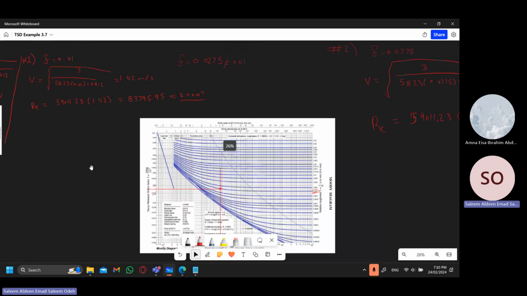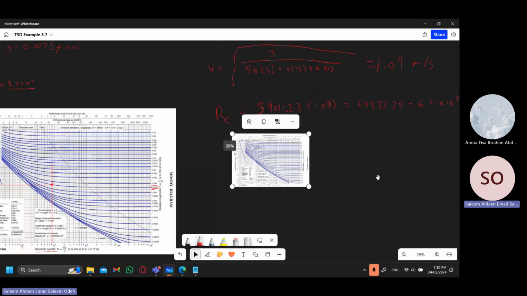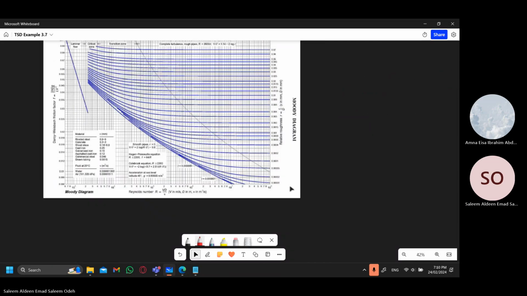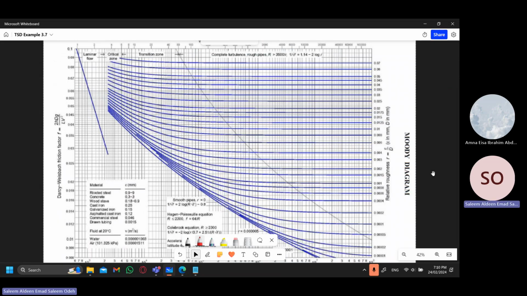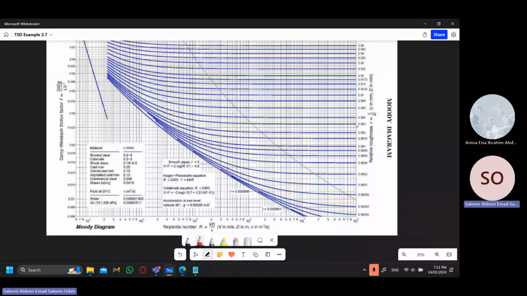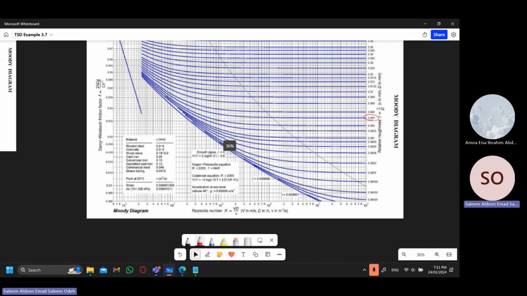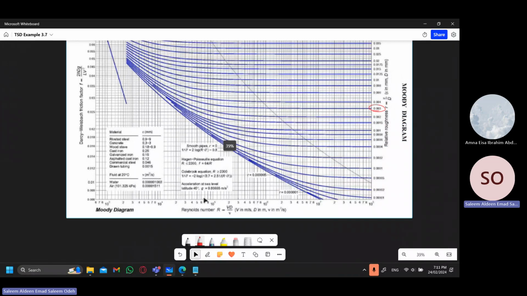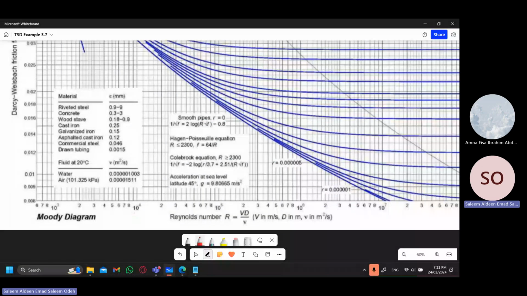We'll go back to the Moody diagram. We'll use the same roughness over diameter value, which is 0.003. But this time our Reynolds number came to be 6.4 times 10 to the power of 4. So we have 10 to the power of 4. We'll go to 6, and with 6.4, we could assume it to be halfway between.